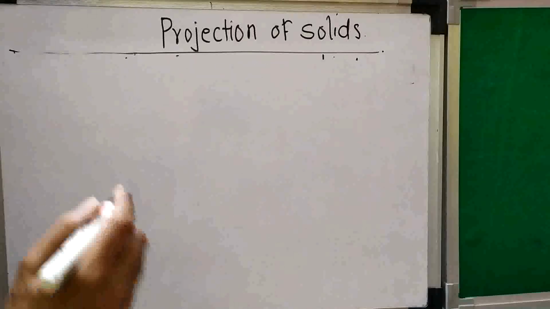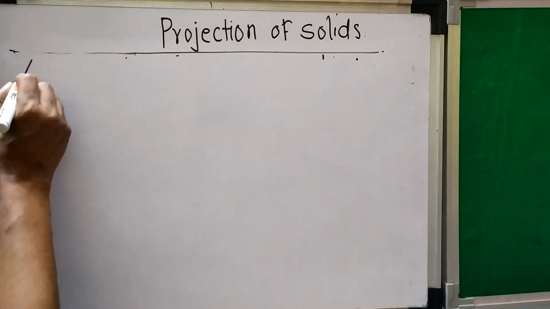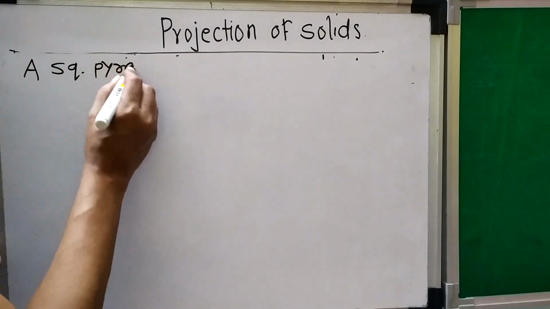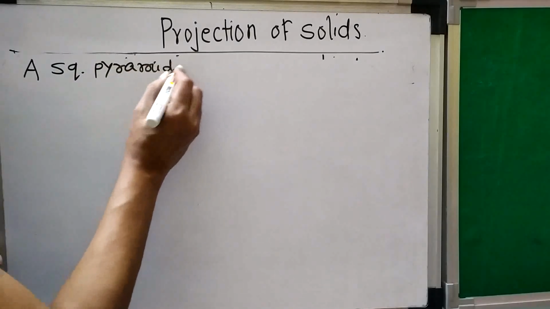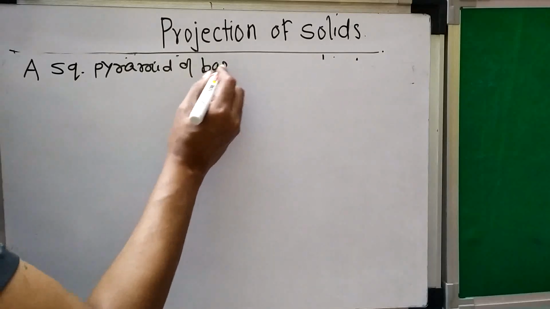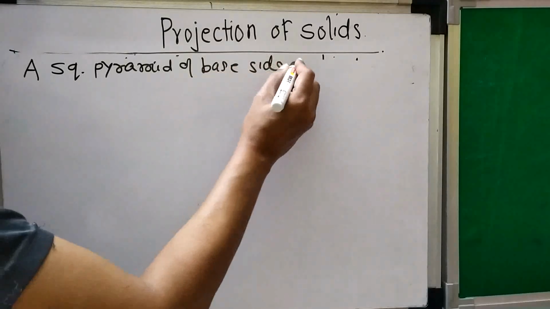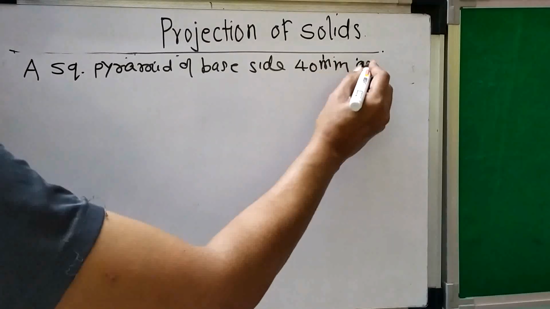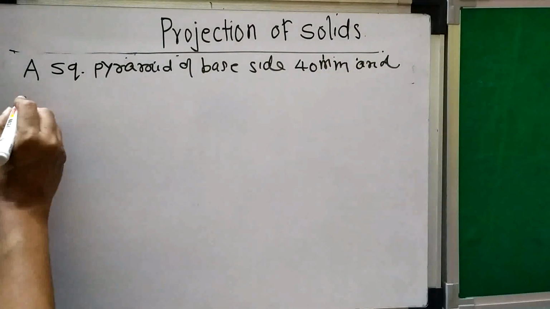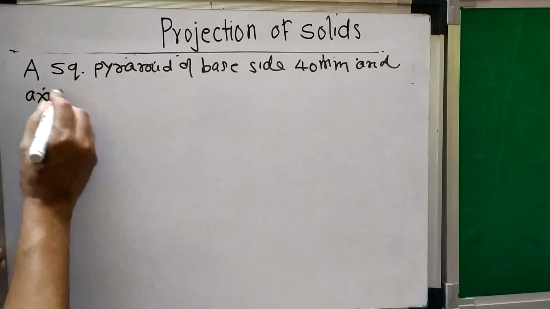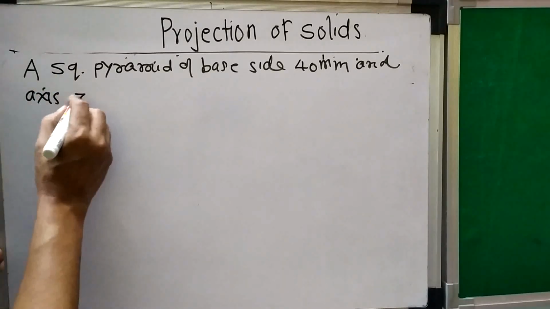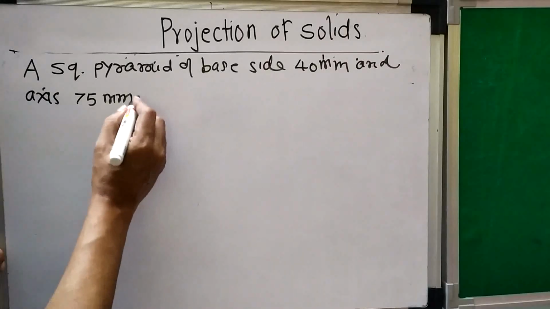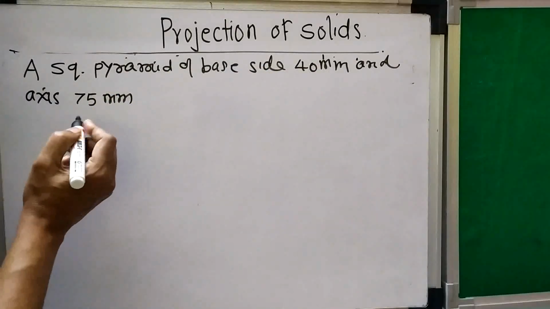So I will take a square pyramid of base side 40 mm and axis 75 mm. So this is the dimension of the solid given.